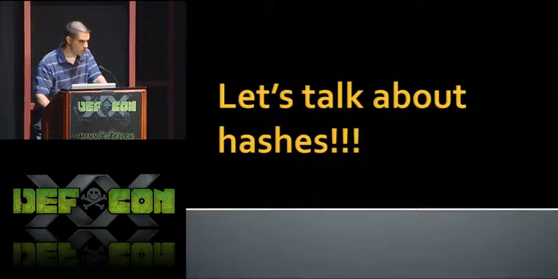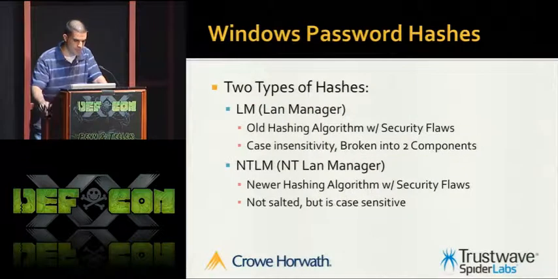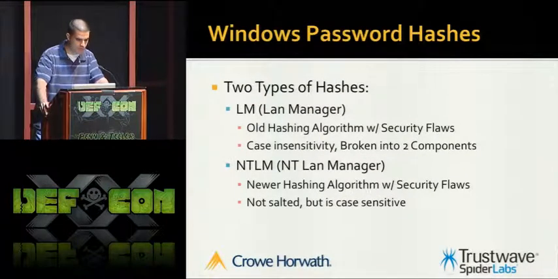So, okay, we're going to level set here for everyone in the room so we're all on the same page before we start diving in. In regards to the hashes on Windows systems, we have a couple different types. LM being the LAN Manager, the old type. This had tons of security flaws. One of them was that you couldn't have a password longer than 14 characters.